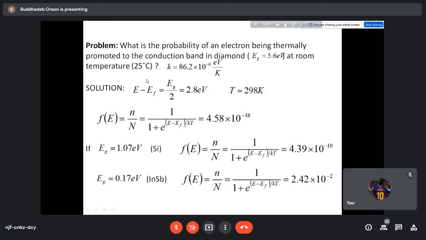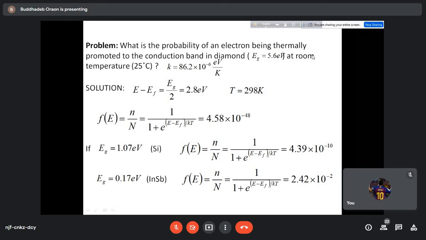So we have taken three materials here: diamond, silicon, and an artificial semiconductor. We are trying to calculate the probability that an electron will jump from the valence band to the conduction band.